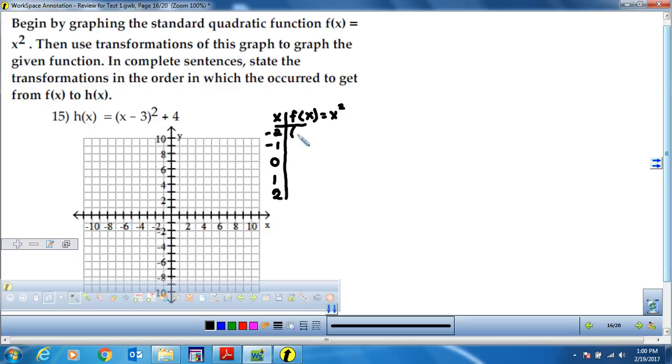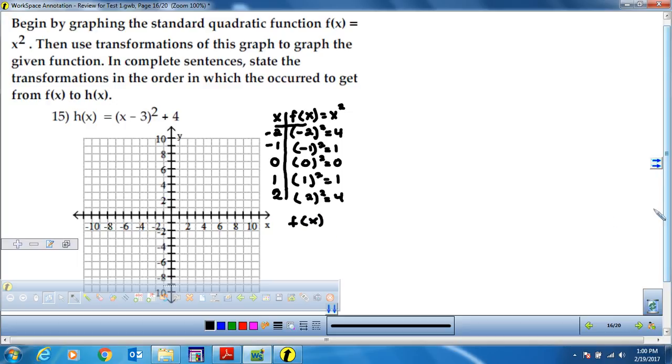So this one is x squared, which is -2 to the second power. That's going to give us a 4. -1 squared gives us a 1. 0 squared gives us 0. 1 squared gives us 1. And 2 squared gives us a 4.